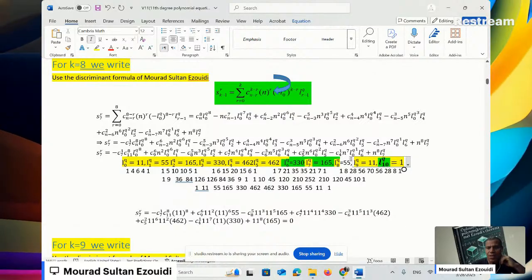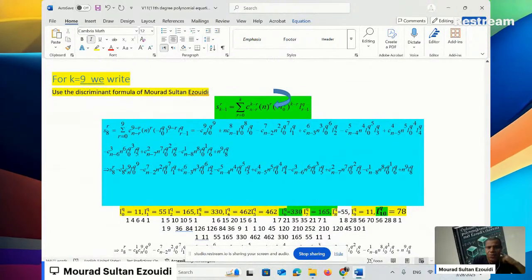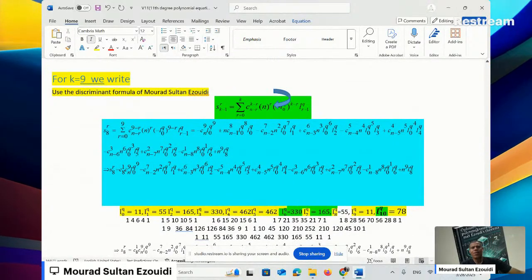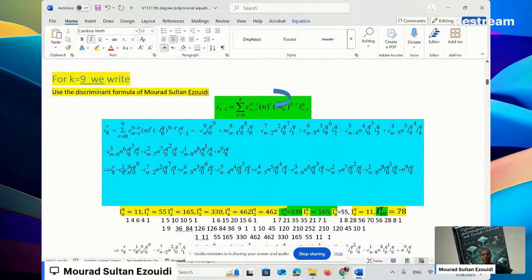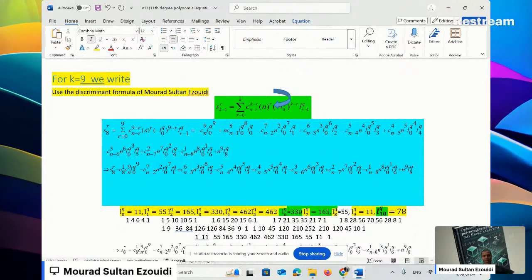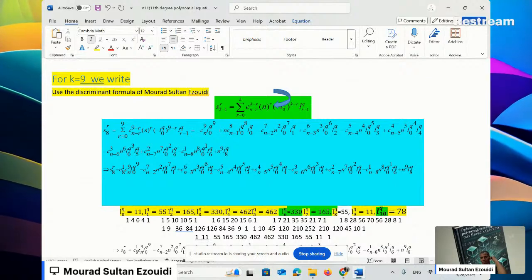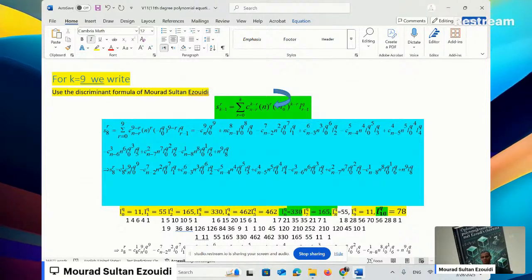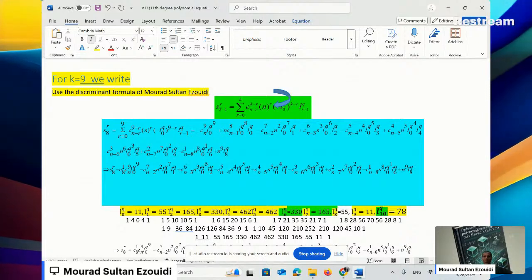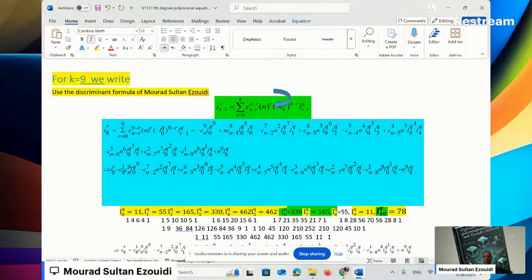We continue to find S8, my kids. You have to set k equal to 9 with this formula with me. The theorem is written as S subscript k minus 1 over r equals the sum from 0 to k of combination n minus r choose k minus r, n raised to the power r, between parentheses negative L0 for the 2 all raised to the power k minus r times L subscript r minus 1 for the 2.